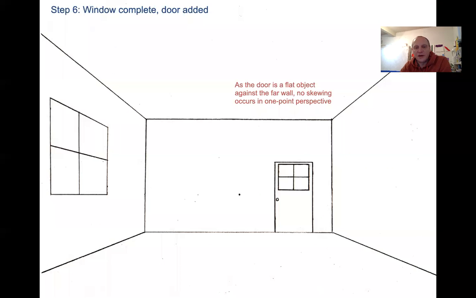But when we're looking head on and we're drawing a door, it's just going to be a flat rectangle, right? It doesn't need to bend or anything to agree with the rest of the drawing. It's just a flat rectangle against a flat wall that we're staring directly at.